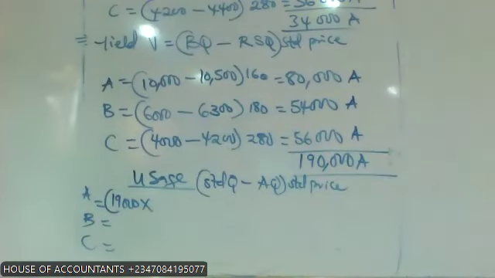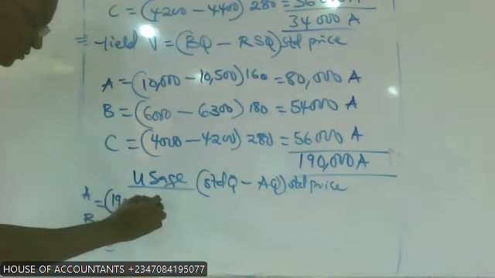So it means it will be 19,000 multiplied by how much is per kg they are using there, of A? It's 50 kg, for budget. So it means this one will be multiplied by 50 kg.